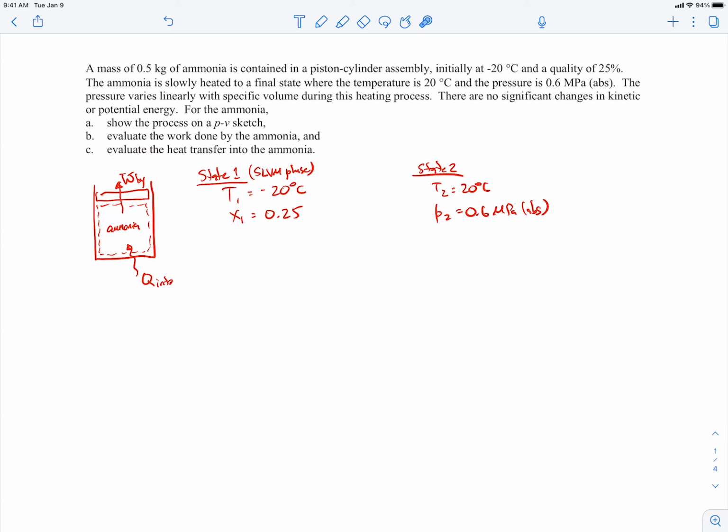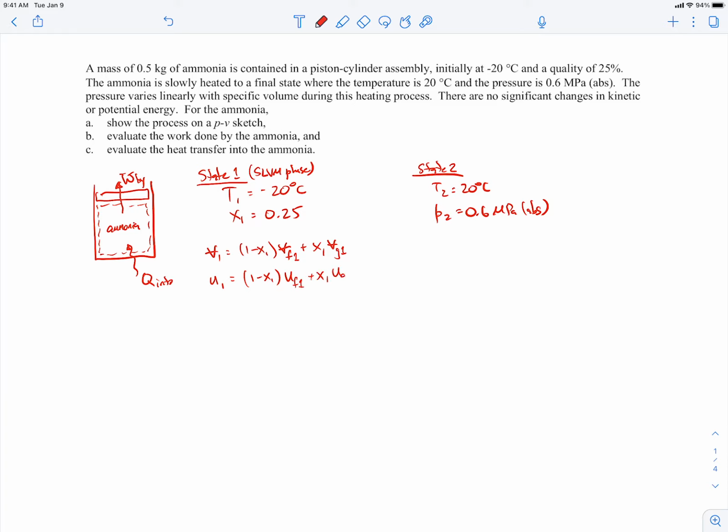So since it's a saturated liquid vapor mixture, we know that to find the specific volume in state 1, it's going to be 1 minus the quality at state 1 times the saturated liquid value for the specific volume, state 1, plus the quality at state 1 times the saturated vapor specific volume at state 1. And similarly, we'll do the same thing to find the specific internal energy.